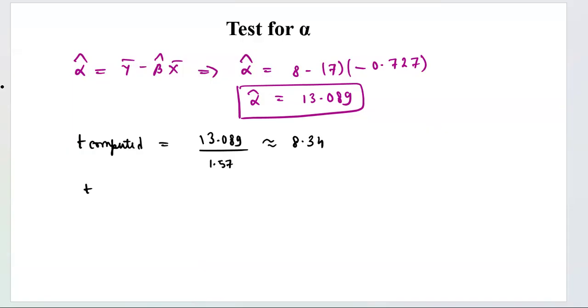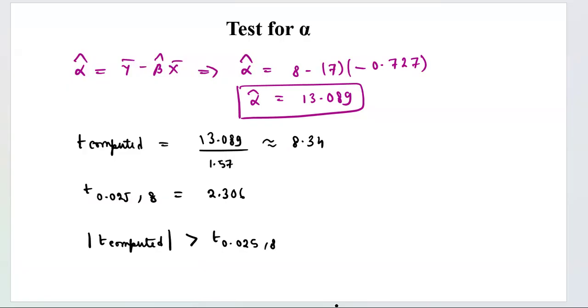And what is the T critical value? T critical value at 0.025, if you look at the T table, will be around 2.306. So what we see is that T computed is clearly, strictly greater than T critical value.